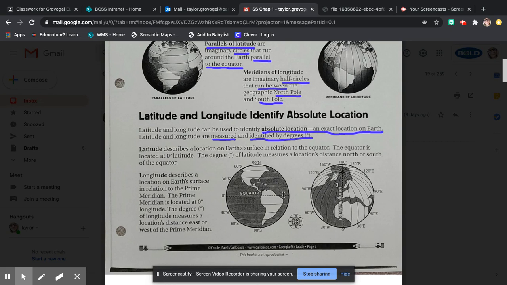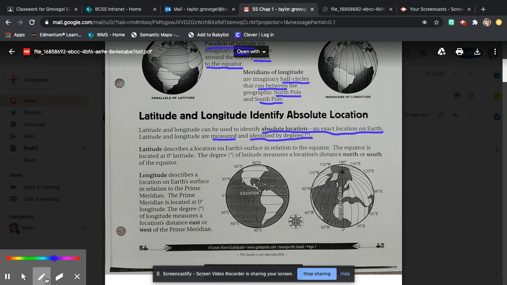Now, the equator is located at 0 latitude. The degree of latitude measures a location's distance north or south of the equator. Let's go ahead and highlight that. The degree measures a location's distance north or south of the equator.